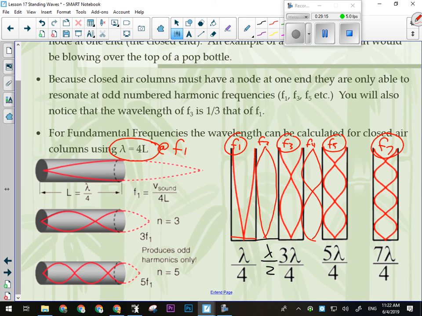Okay, that formula is on your formula sheet. When we do air column questions, they'll talk about the fundamental frequency, and they'll ask you for things like, what's the speed of sound here? Or here's the speed of sound, what's the length of the tube? Okay, and you'll have to figure those things out using the universal wave equation and your knowledge of the wave patterns that form inside closed air columns.